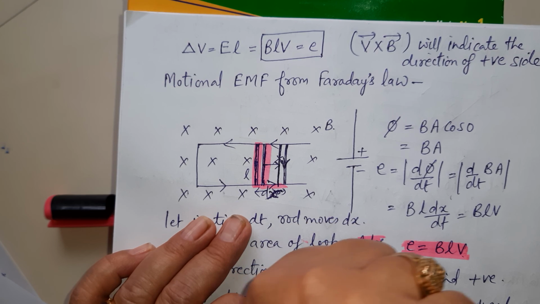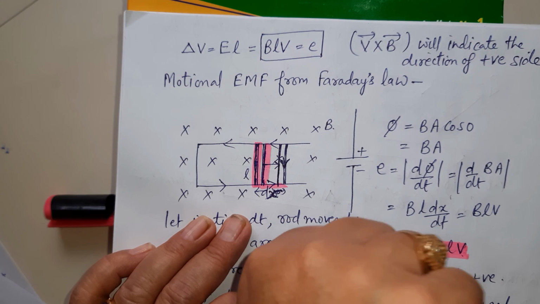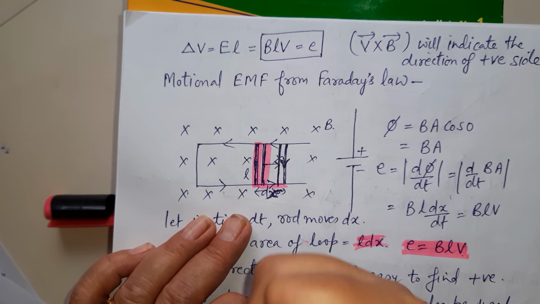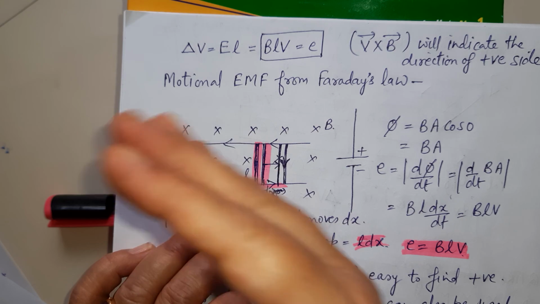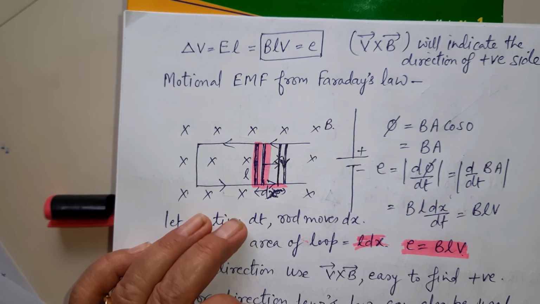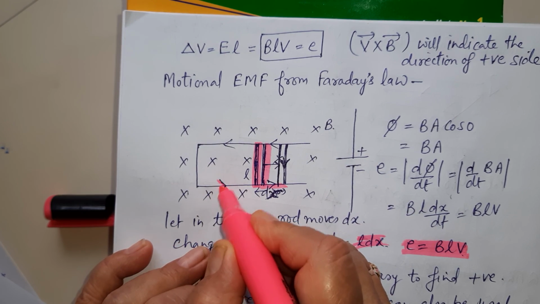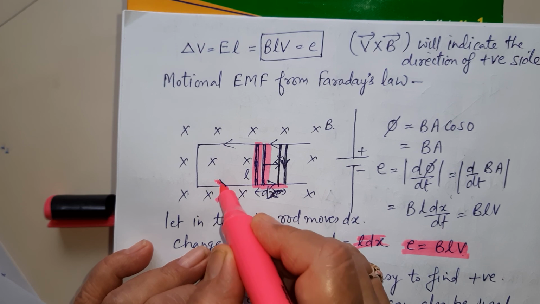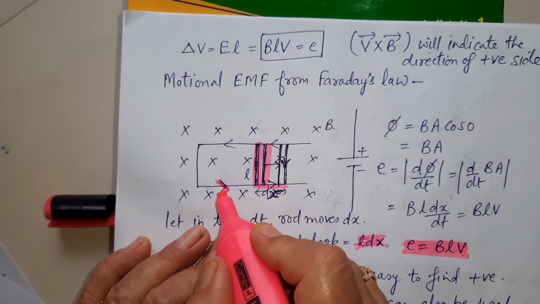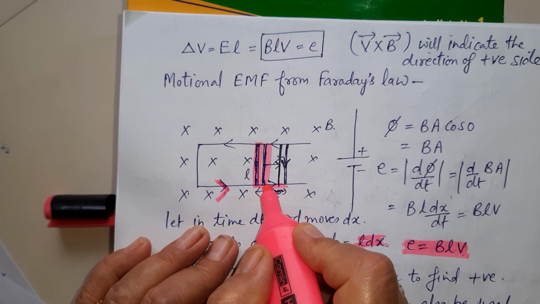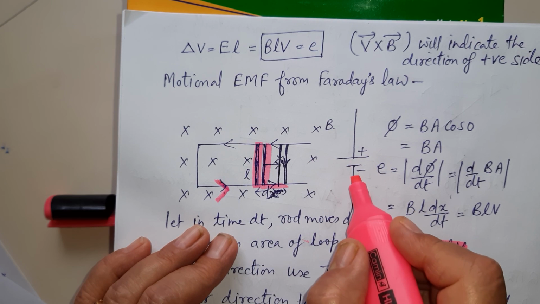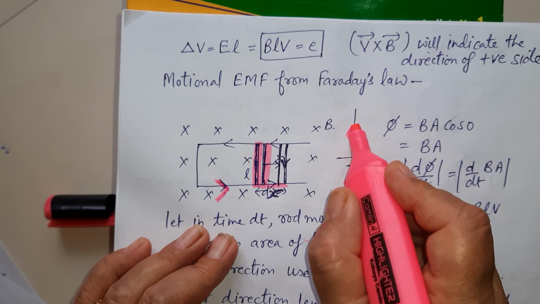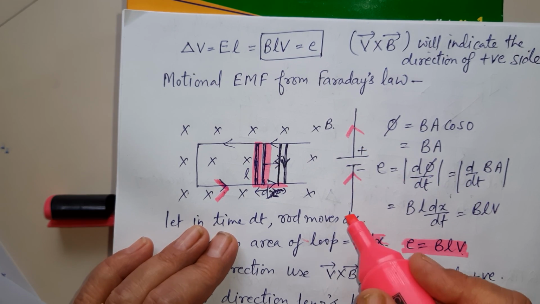We want to oppose it, so we apply the induced current in such a way that the field should be like this. It means it is anti-clockwise. This is the direction of induced current. Anti-clockwise means current is going from here, so this side is positive and this side is negative.